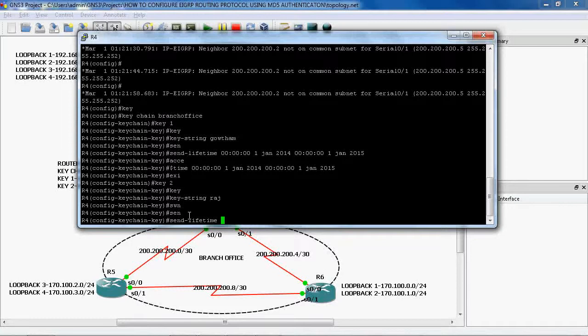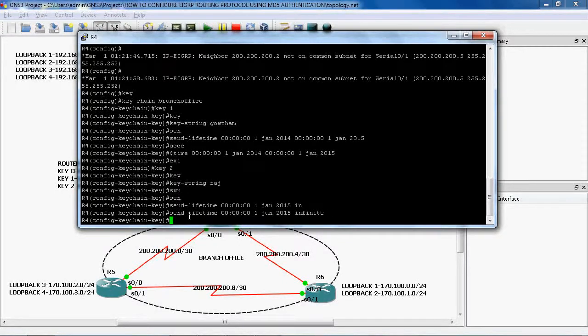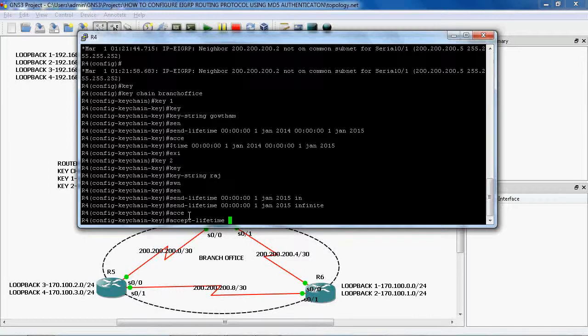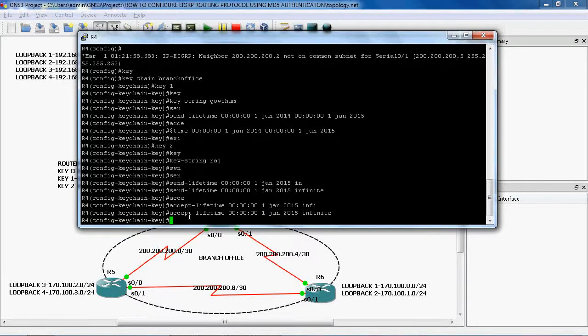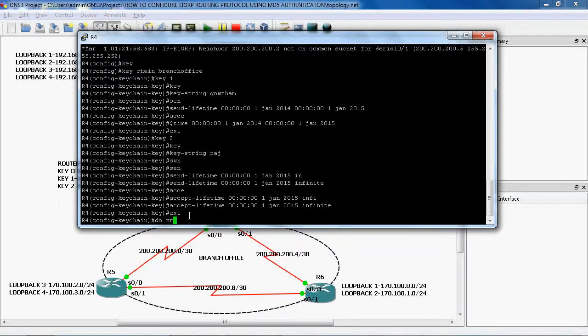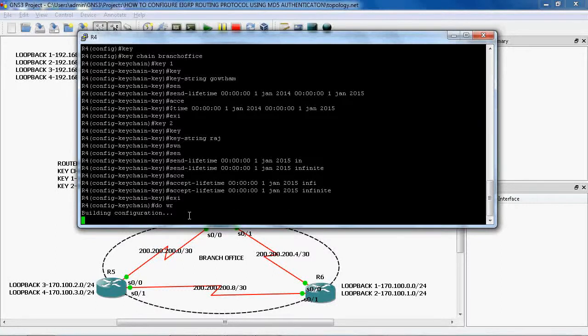So send lifetime is midnight on Jan 1 2015 to infinite, and accept lifetime is midnight on Jan 1 2015 to infinite. Exit, do write.